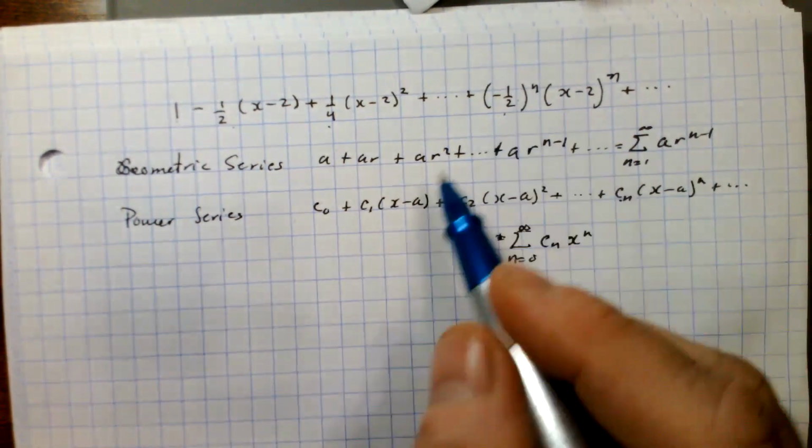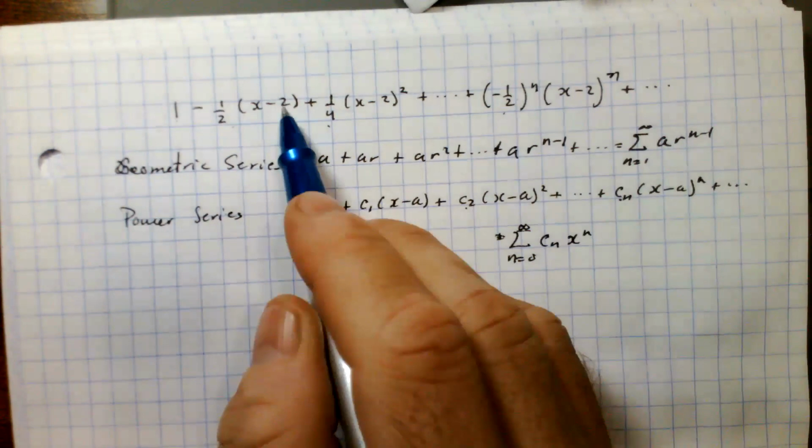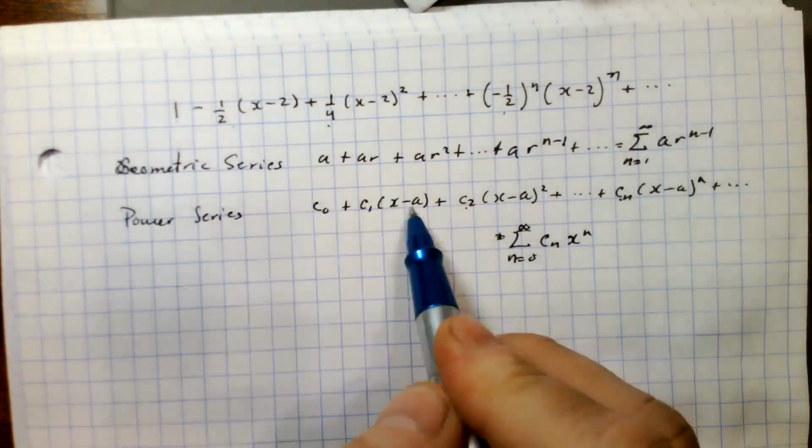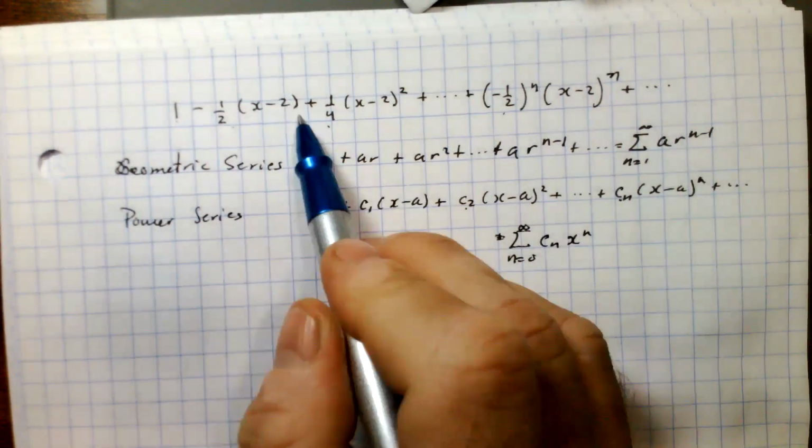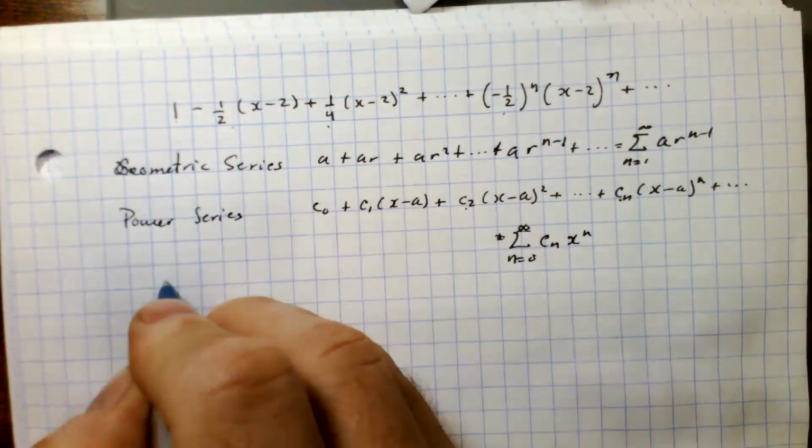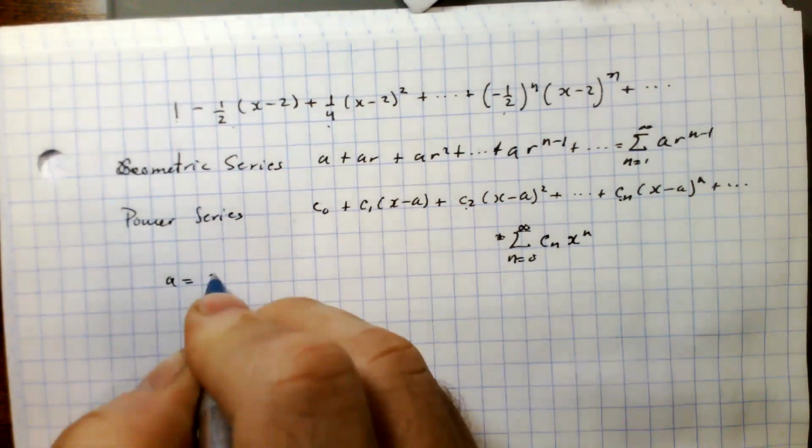Then you can see that from this relationship, a is equal to the 2 that you see here. So we're identifying a equals 2.